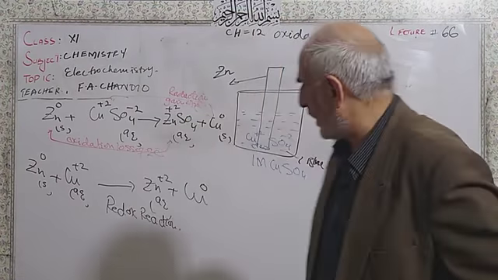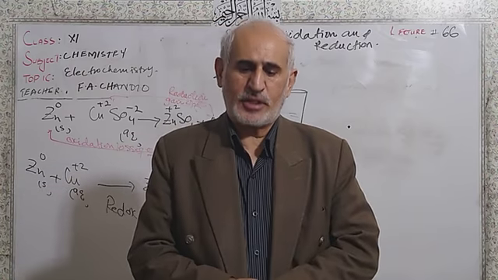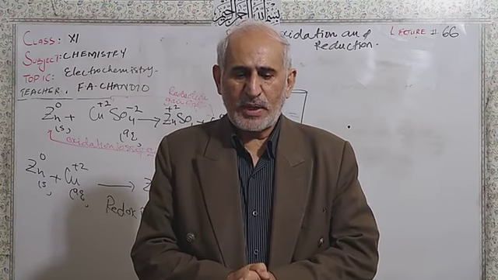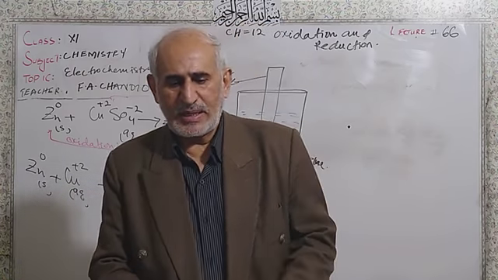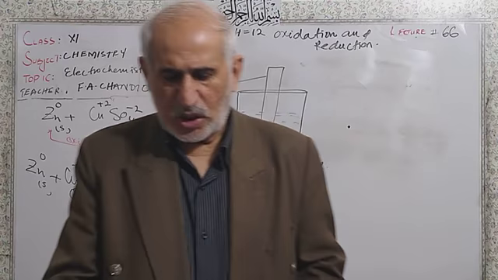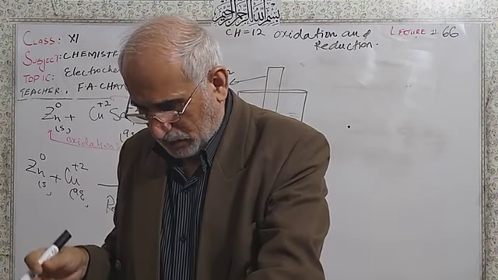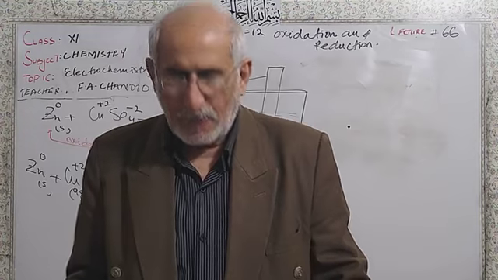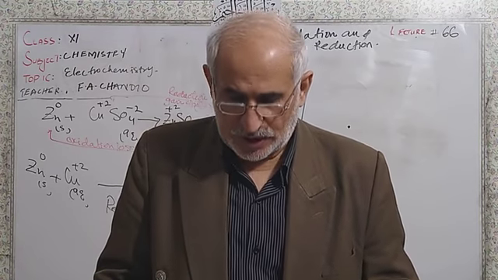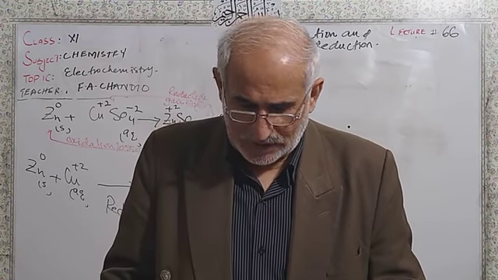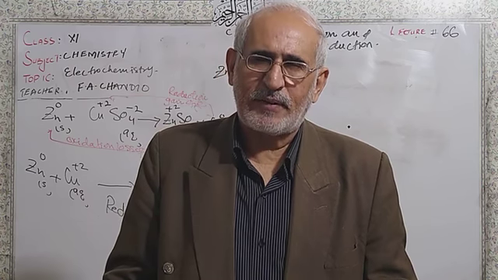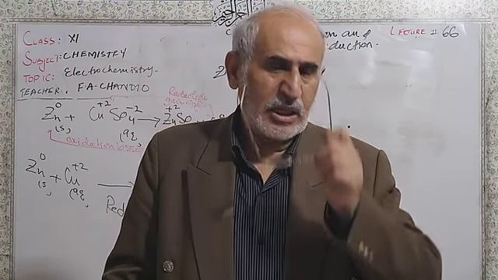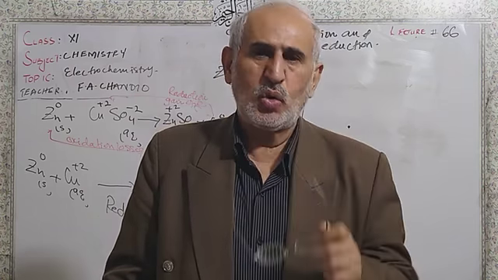Oxidation number or oxidation state means apparent charge. The apparent charge on an atom in a compound is called the oxidation state or oxidation number. The apparent charge, positive or negative, is 0 in molecules of hydrogen, oxygen, nitrogen, chlorine, iodine, bromine.